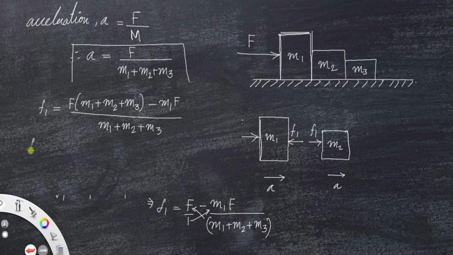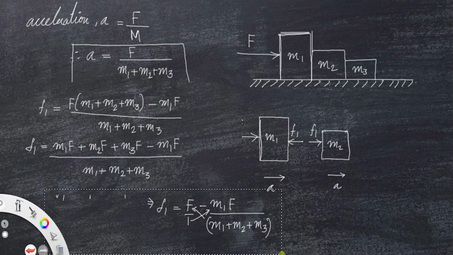So simplifying, you will get F1 equal to M1 F plus M2 F plus M3 F minus M1 F, whole divided by M1 plus M2 plus M3.